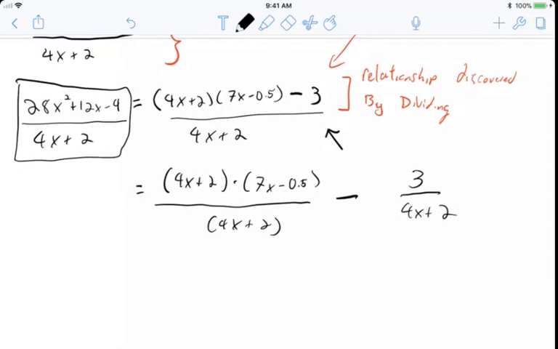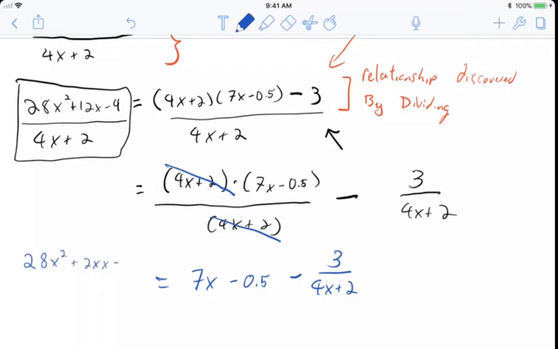And then I can cancel these two. What leaves behind is 7x minus 0.5 minus 3 over 4x plus 2. A nice mixed rational expression. And the idea here is polynomial long division has let me rewrite my original improper rational as a mixed rational expression.